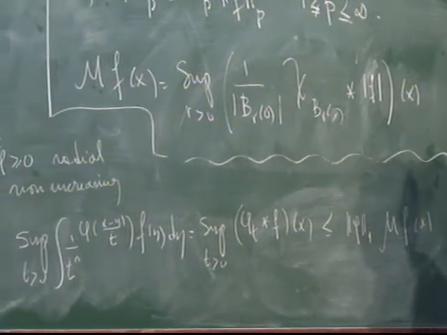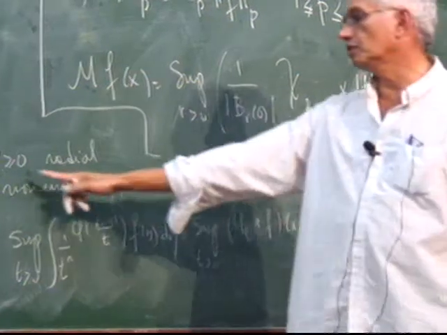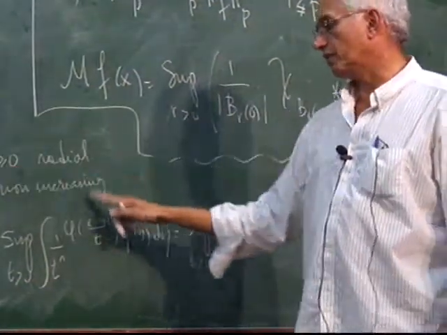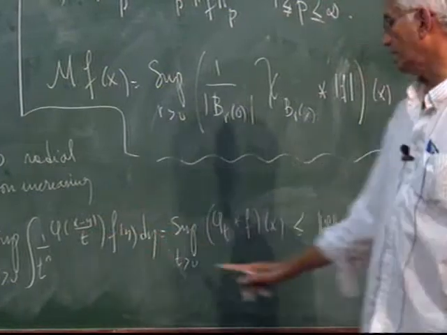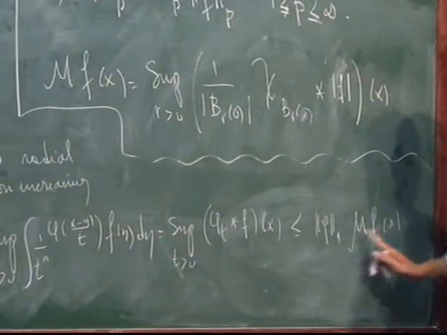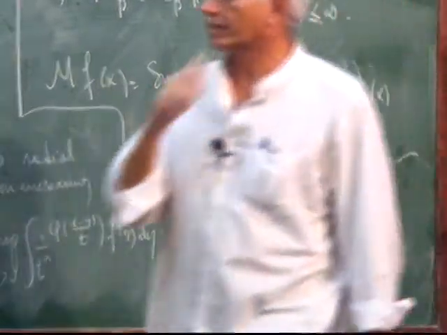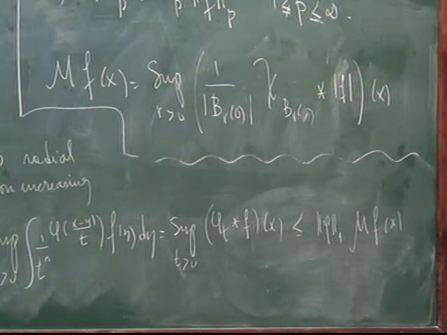Okay? Why? Because for the maximal function, if you do this for simple functions, you will see that you are doing a linear combination of maximal functions. Then what we have here is the maximal function.